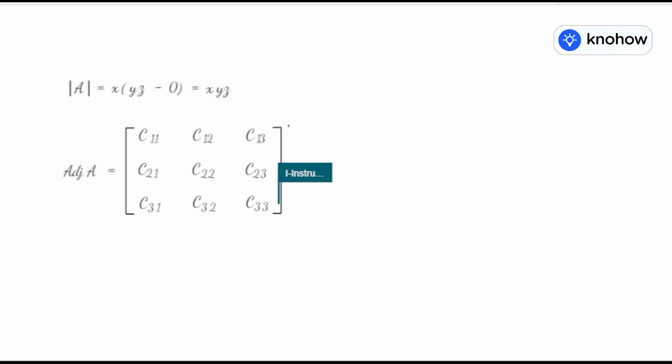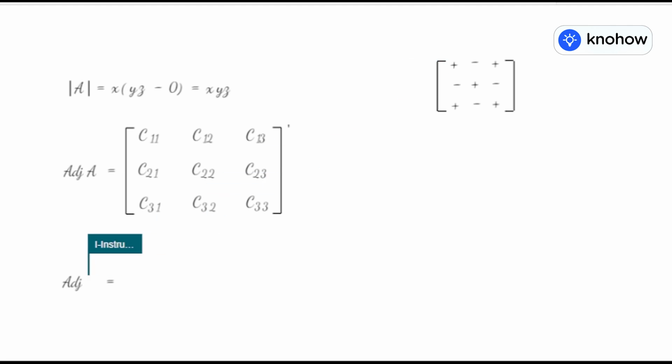You delete the row and column through that particular element and evaluate the value of the remaining determinant with proper sign. You already know the proper sign: plus, minus, plus, minus, plus, minus, plus, minus, plus. Impose these signs. So now let us work out these cofactors and hence in turn adjoint A.